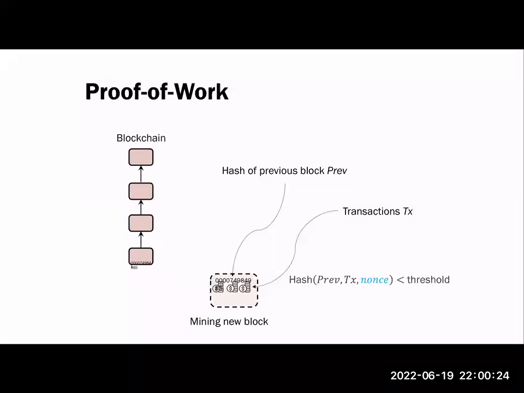So by the way, what is the hash function? A hash function takes an input, which is a bit string, and outputs a 256-bit number. Here the input bit string is the previous hash, the transaction bits, and a nonce, which is a variable, and it wants to make sure this hash value is less than a certain threshold.